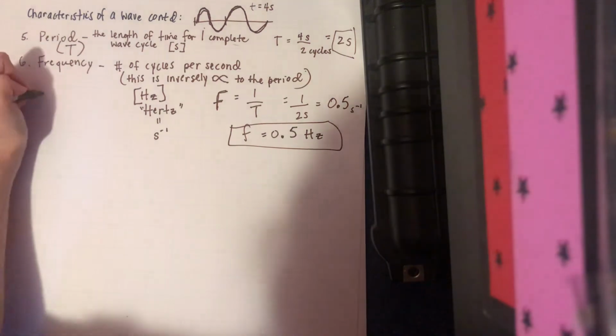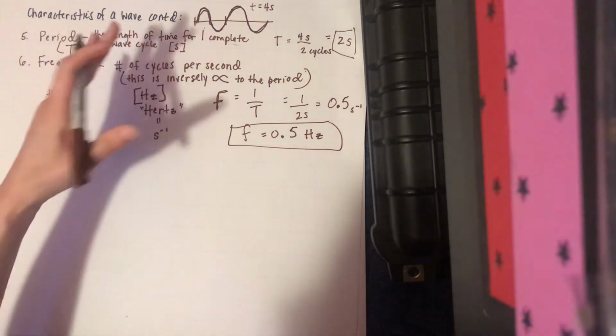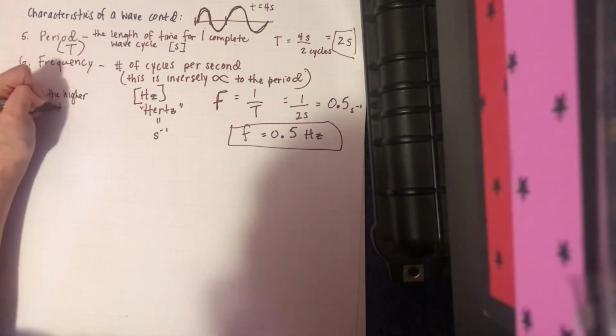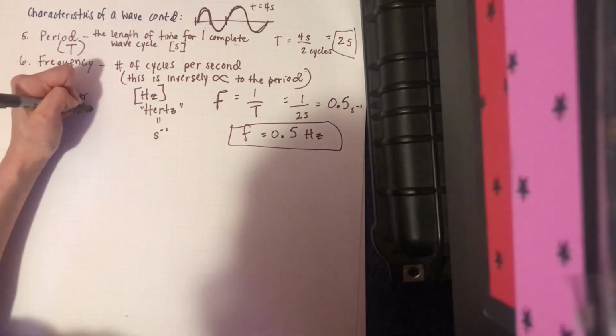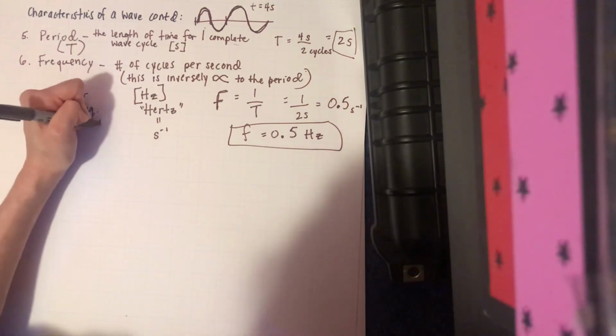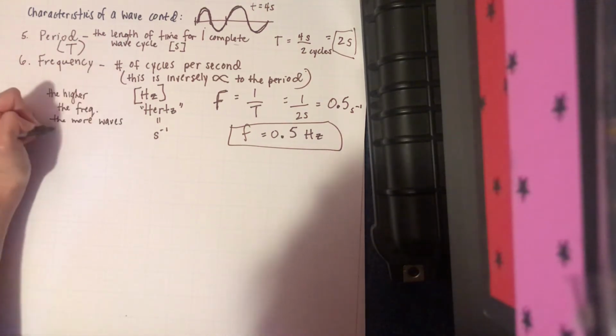The higher the frequency, the more cycles you have happening per second.